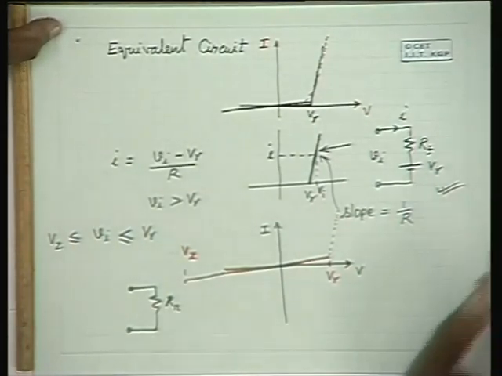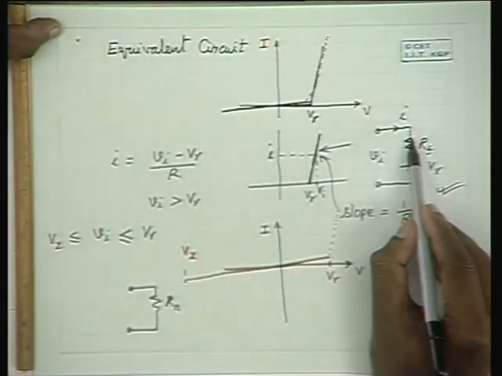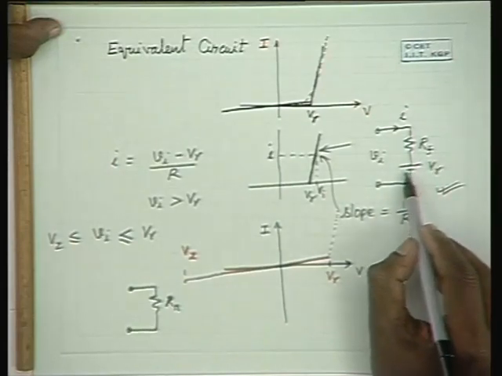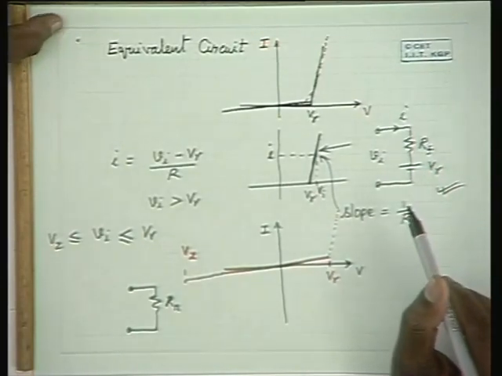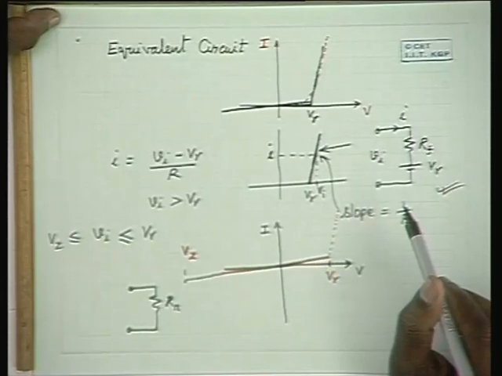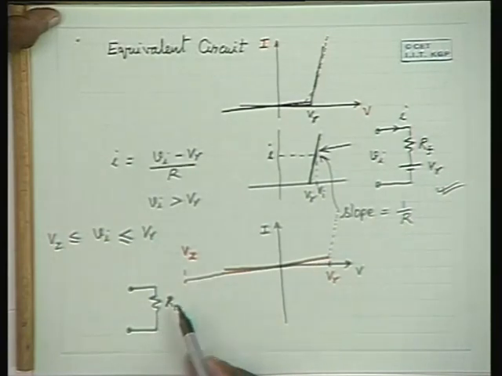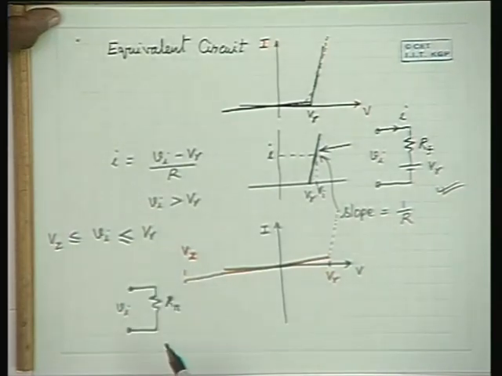Hence, the diode can be represented by a resistance RF in series with a voltage source whose value is equal to V gamma, as long as the input voltage is greater than V gamma. And it can be represented by a simple resistance of a large value, that is RR, when the input voltage is less than V gamma and of course more than Vz, the breakdown potential, which is negative.